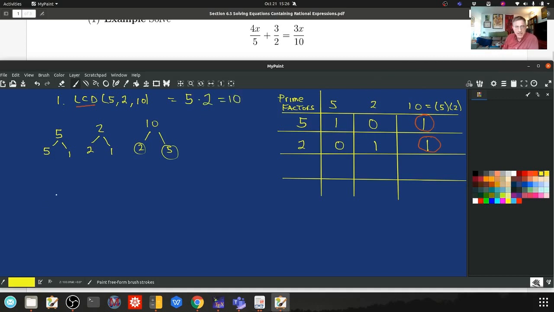So we did that. So now let's go down here and write our actual problem. 4x divided by 5 plus 3 divided by 2 is equal to 3x divided by 10. And here we literally multiply both sides by the same value.